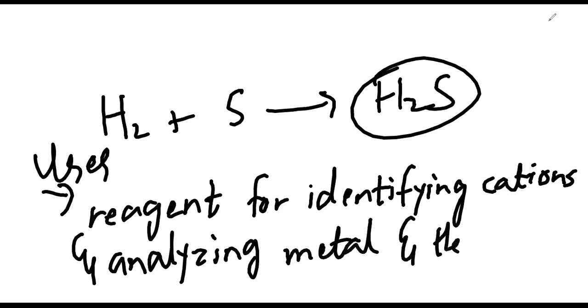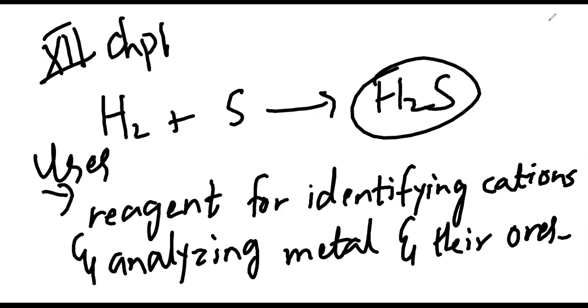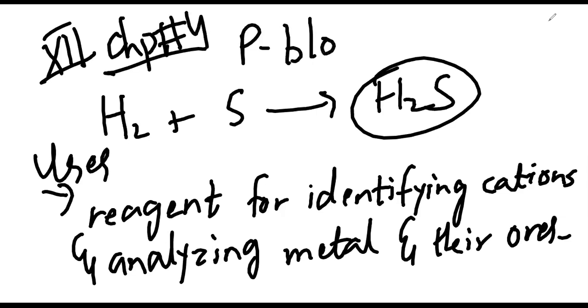It is very difficult to analyze the ores of metals, so hydrogen sulfide is used for this process. And this is the end of chapter number 4 of second year chemistry, p-block elements.